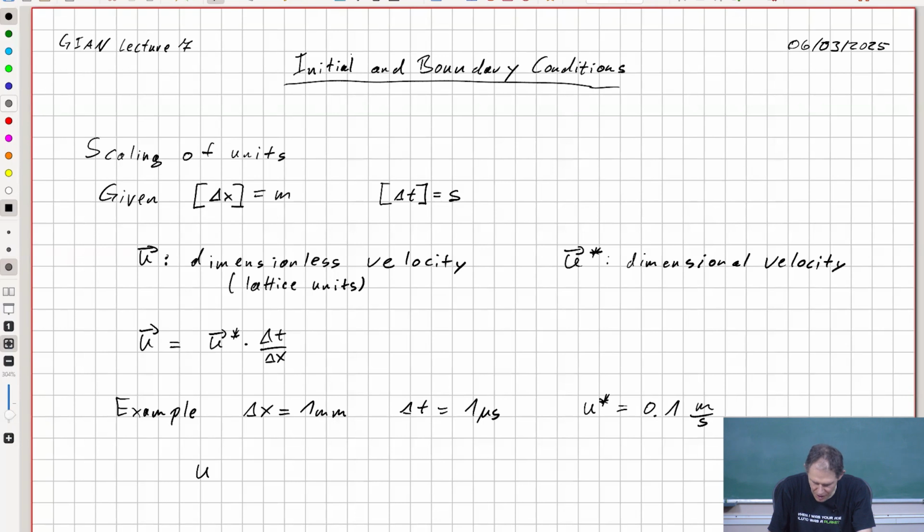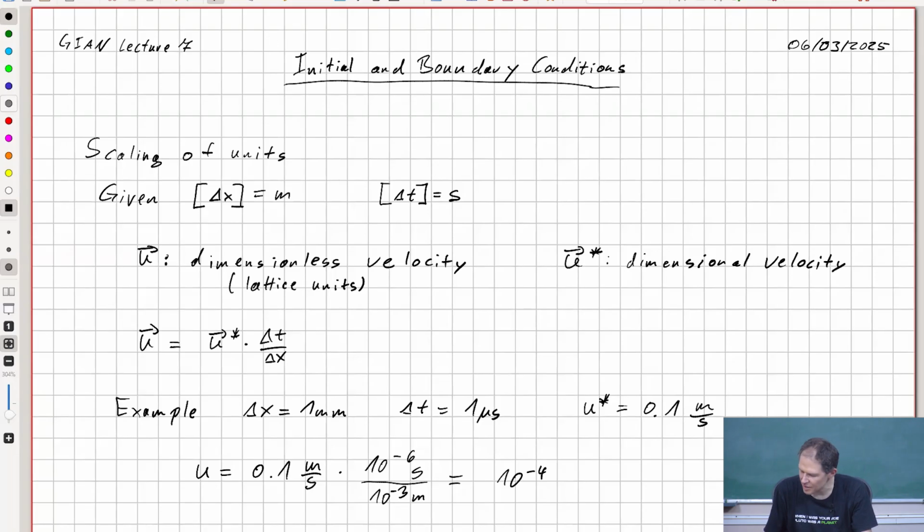Then the velocity that we had to set in the lattice Boltzmann world would be 0.1 meters per second times 10 to the power of minus 6 seconds divided by a millimeter, which is 10 to the power of minus 3 meters, and this should then translate to 10 to the power of minus 4, and this will then have no further units. Okay, velocity is pretty simple.